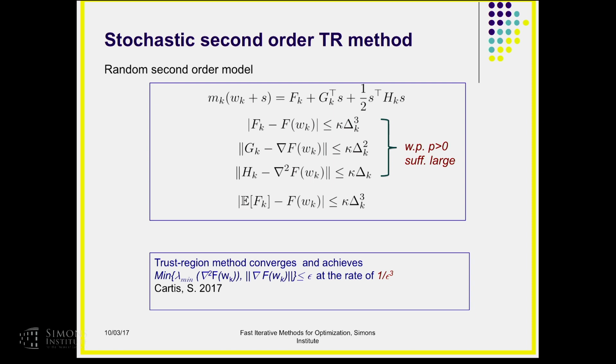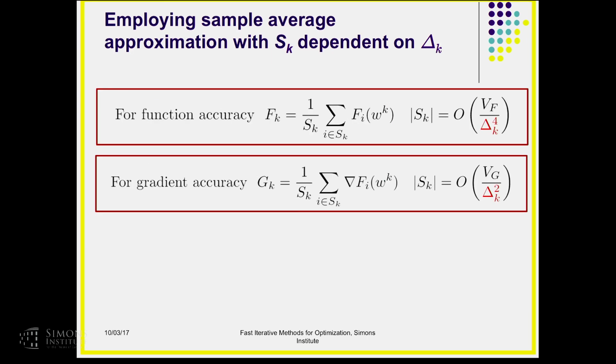Right, so this just tells you that we have generic conditions on your Hessian, gradient, function value, everything. What does this really mean if we want to estimate things by sampling? Jorge will talk about that as well, a lot more, but essentially it tells you how much you need to sample in every iteration.